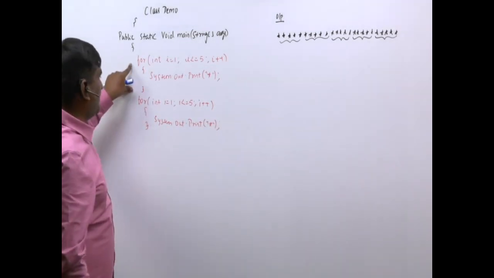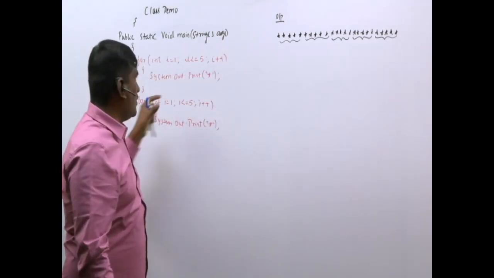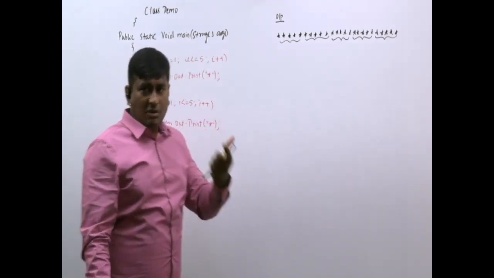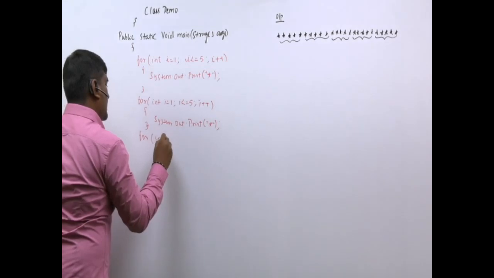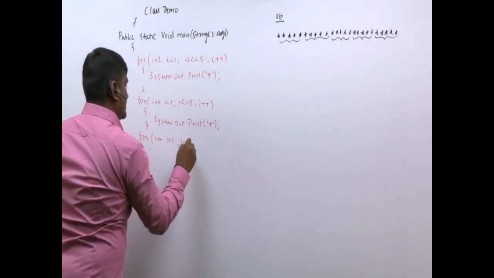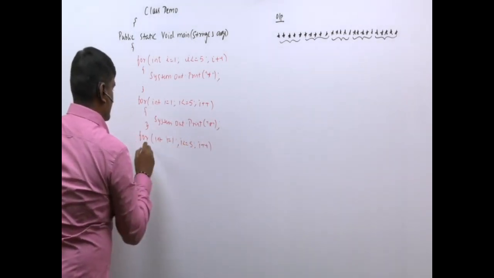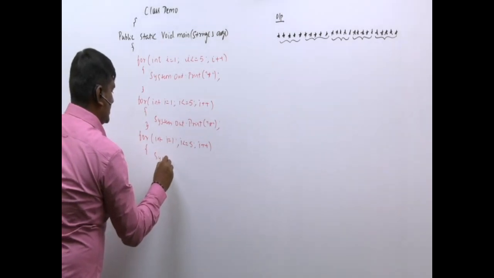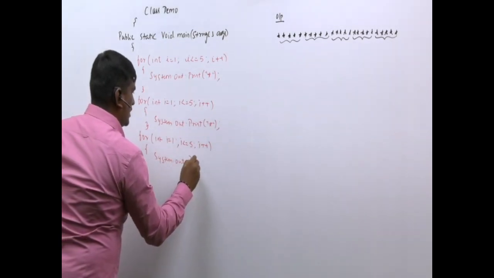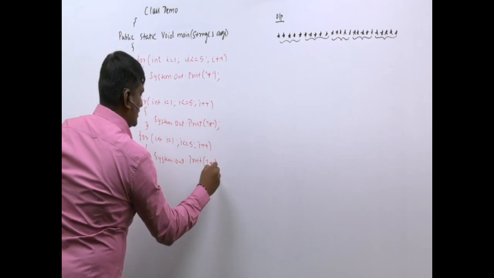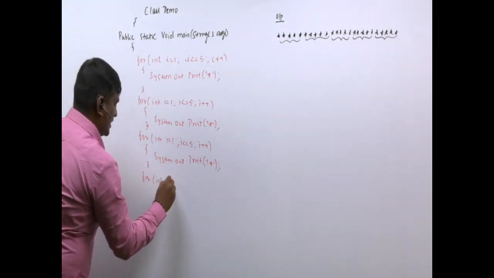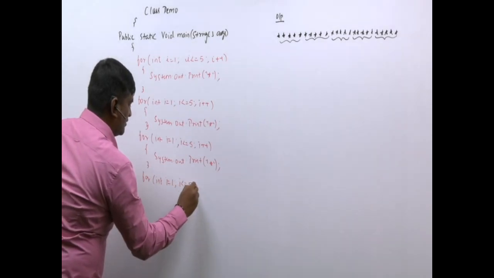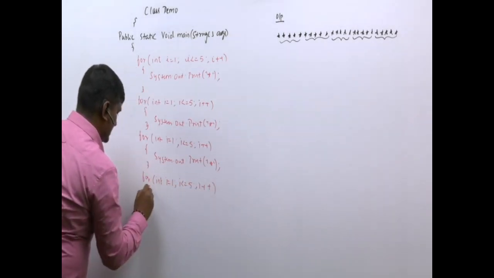So this for loop will print 5 stars. This for loop will print 5 stars. Like that you want 5 times, right? 5 times I will be writing the for loop. For int i equal to 1, i less than or equal to 5, i plus plus. Inside this, System.out.print star. Next, for int i equal to 1, i less than or equal to 5, i plus plus.